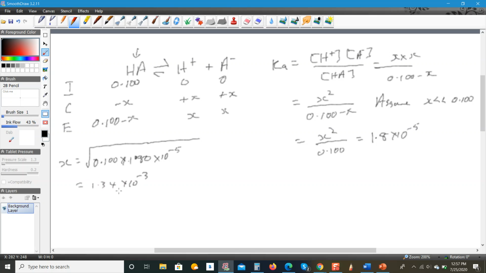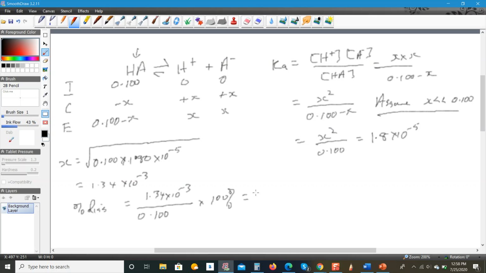But we cannot stop there because we need to find out if the assumption that we made here is valid. And if you remember, in order for us to do that, we determine the percent dissociation to see if it's less than or equal to 5%. So in this case, 1.34 times 10 to the minus 3, we divide that by 0.100 times 100%.